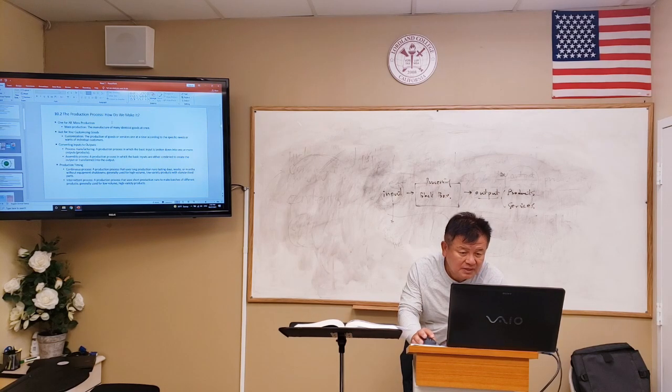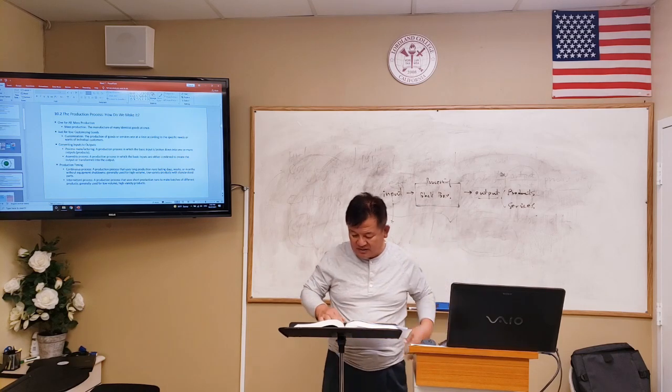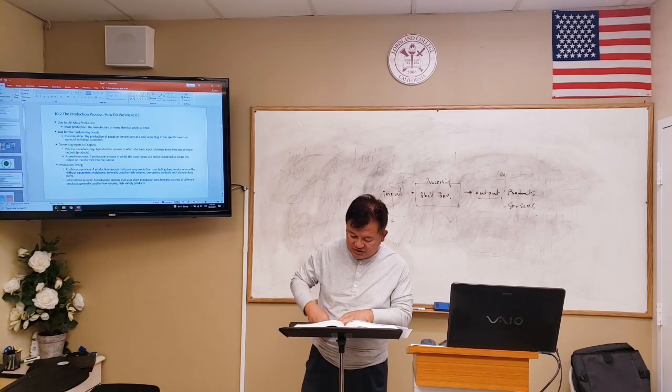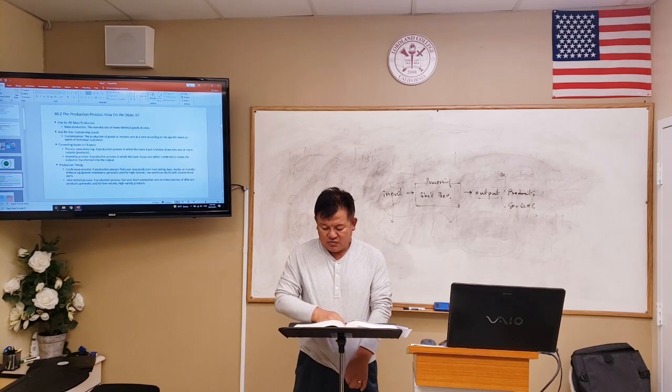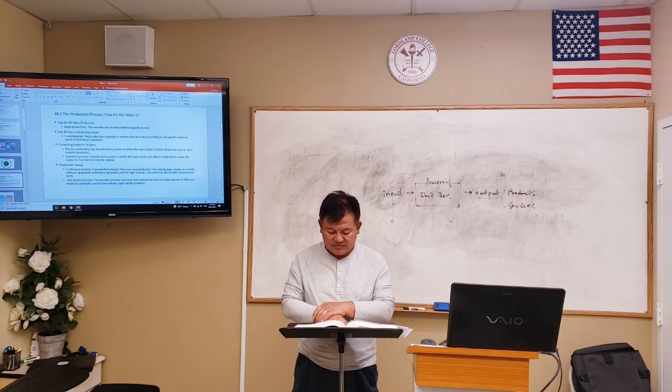Okay, let's move to 10.2, production process. How do we make it? How can we do it? In production planning, the first decision involves which type of production process, the way the goods or services are created. That's the picking.